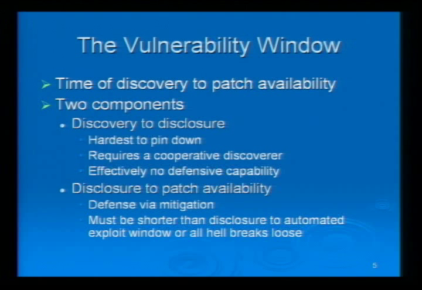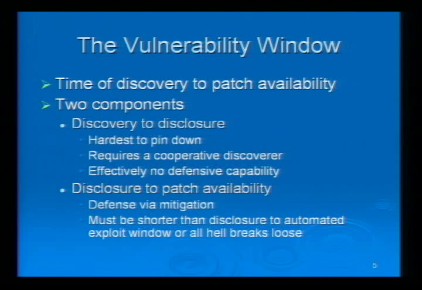Then you have the time window from disclosure, okay, to the availability of a patch, and that can last differing amounts of time depending on the disclosure model used by the discoverer. And during this window, you might have defense by mitigation, if you know how to mitigate the attacks. The most severe would be securing the service.